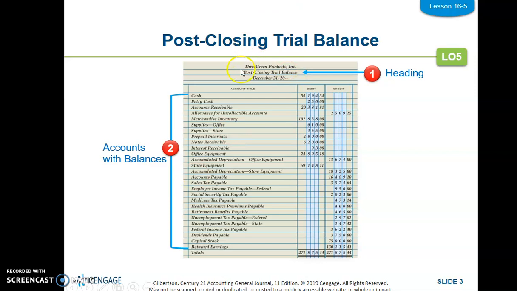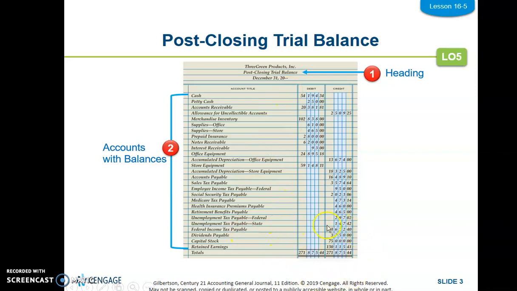So the only things that go on the post-closing trial balance are accounts that still have balances. These will typically be your asset accounts, then your liability accounts, and then your equity accounts, which are capital stock and retained earnings. They are permanent accounts, and they are going to continue to have a balance.